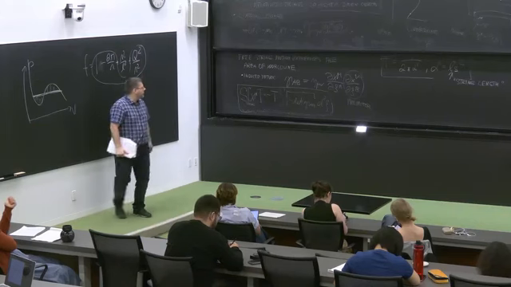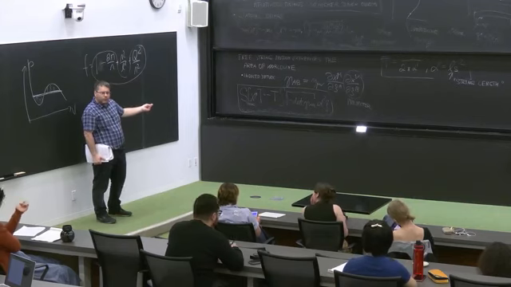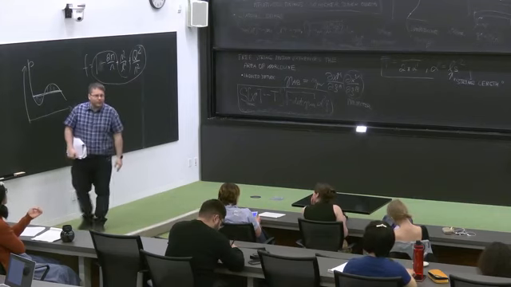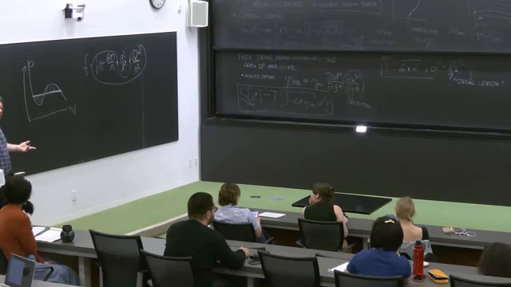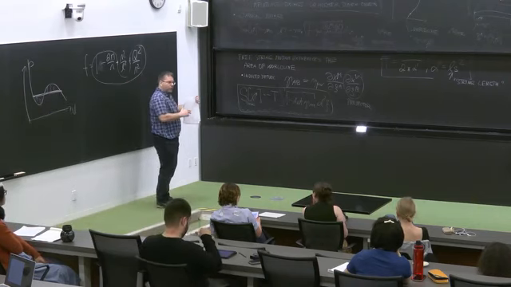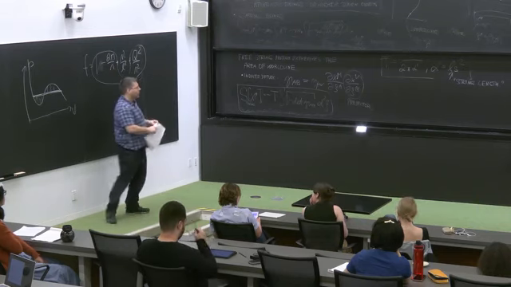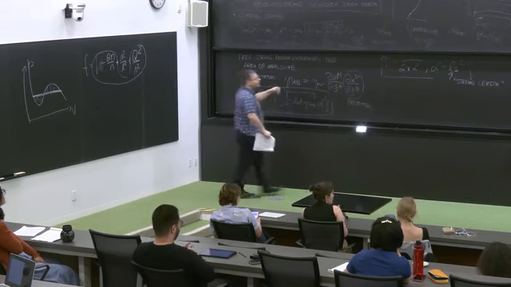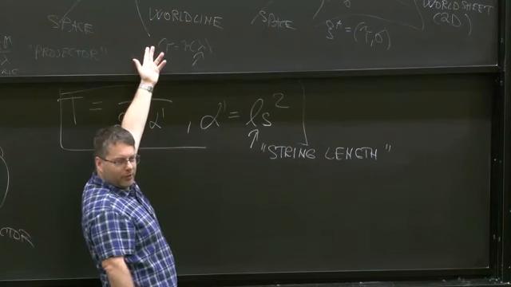And this is it. So now what you have to do is vary this action with respect to x mu. You get some very horrible equations of motion, and you have to solve these equations of motion in a given space-time, and that will give you the motion of a relativistic string. Of course, you still need to provide some boundary conditions. In the case of a particle, you have to provide, let's say, the initial position and velocity.